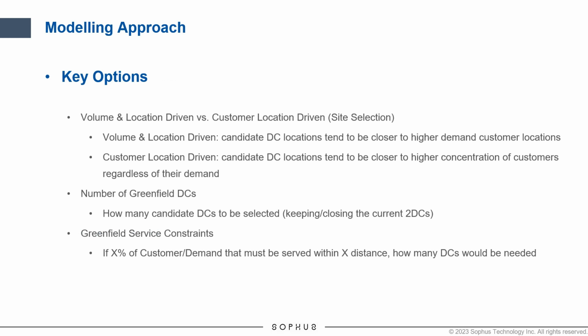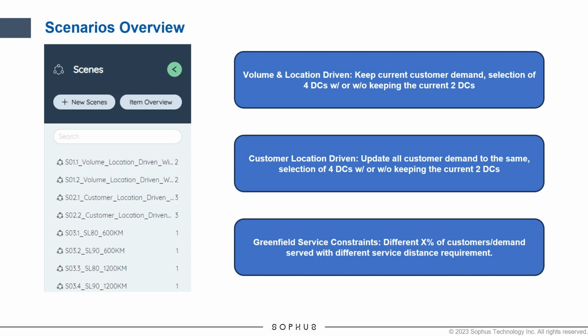For service constraint, simply define, for example, that at least 95% of customers need to be within 400 kilometers from the DC. Now, let's walk through different scenarios. We can create scenarios to assess the impact of 3 crucial business variables: volume and location proximity versus customer location proximity, varying the number of DCs, and adjusting service targets.